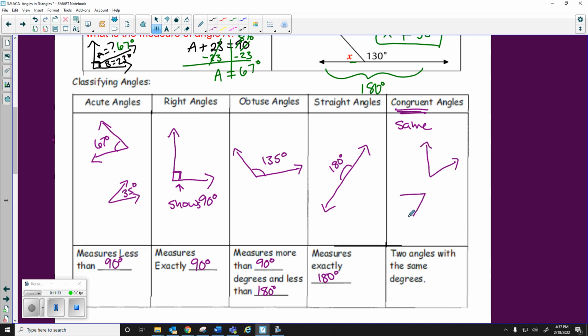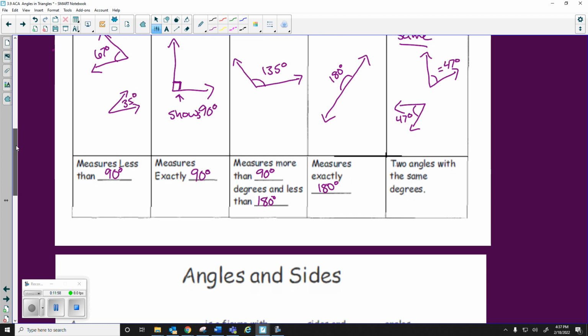They could be facing like this, and if this one is 47 degrees and this one is 47 degrees, we could say that they are congruent. Just little helpful things that could help us in the future. So again, when we classify angles, we're looking at how much they measure: 90 degrees, more than, less than, all that stuff.